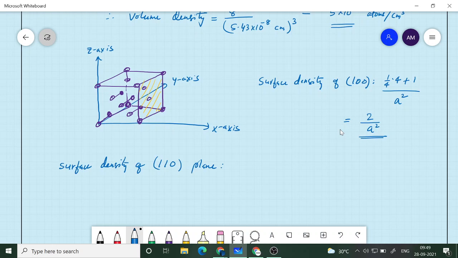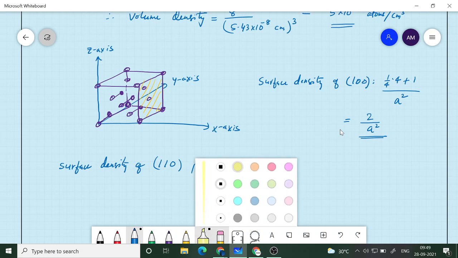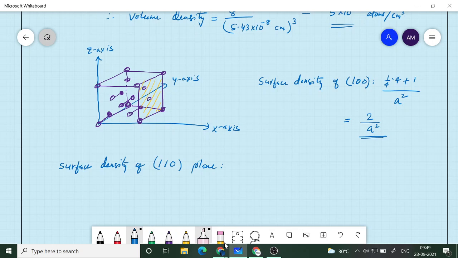Okay, in order to look at the 110 plane, let us draw the plane. 110 plane means it is going parallel to x and y.